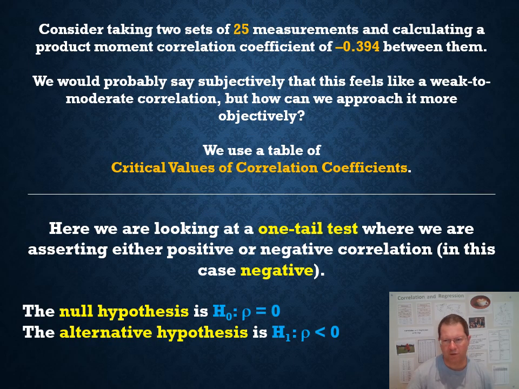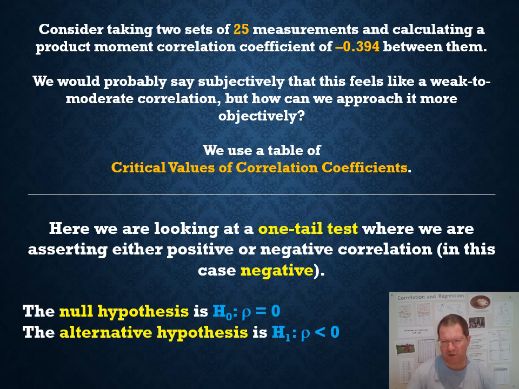So coming back to our thought experiment, 25 measurements with a correlation coefficient of negative 0.394. As I say, subjectively, we'd be feeling it's maybe weak to moderate negative correlation. So that would be a one-tailed test where we're asserting, in this case, a negative correlation. Our null hypothesis would be that H0 is that rho equals 0.